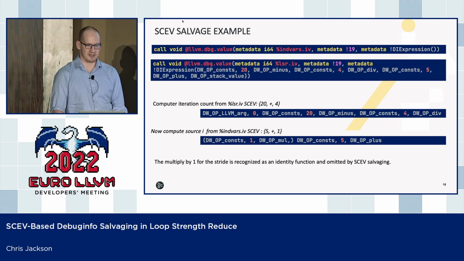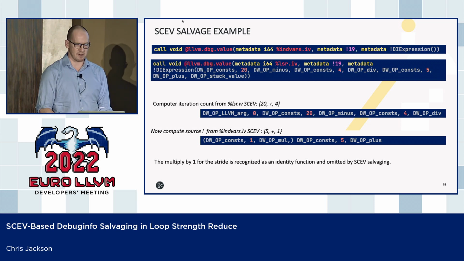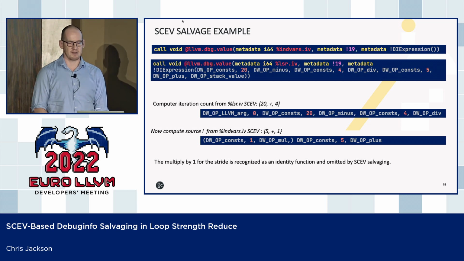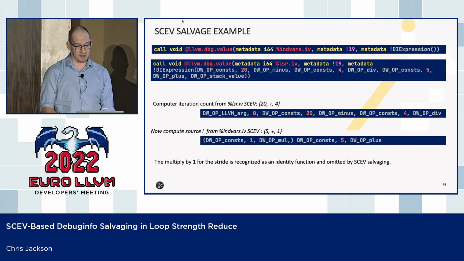So, a quick SCEV salvage example. We'll see an example of a salvage expression, which is in the second box down, derived from an iteration count computation and the location scalar evolution expression. Remember from earlier, invars.iv was mapped to the source variable I, or the source induction variable, and was optimized out.